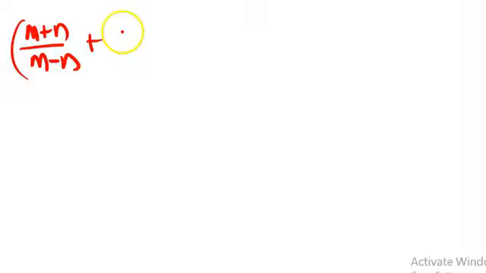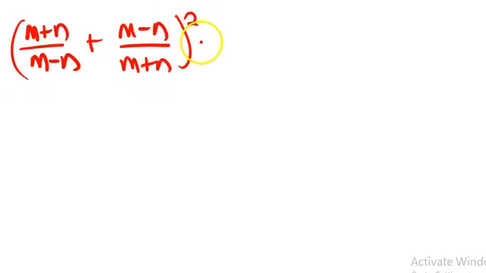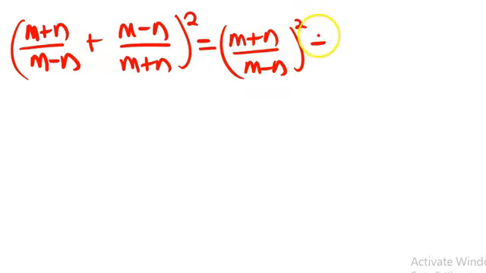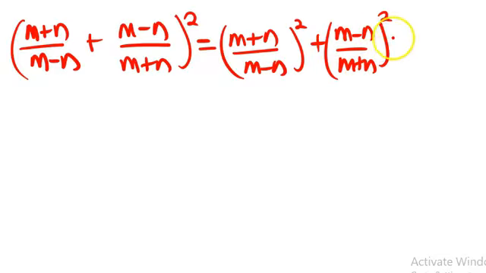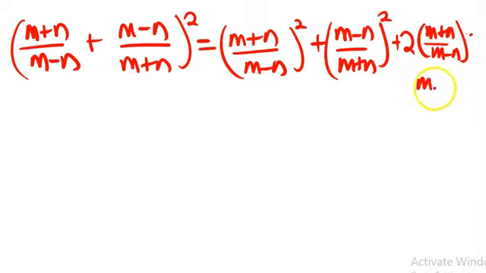In the same way, [(m+n)/(m-n) + (m-n)/(m+n)]² will be the same as [(m+n)/(m-n)]² + [(m-n)/(m+n)]² + 2 times (m+n)/(m-n) times (m-n)/(m+n).